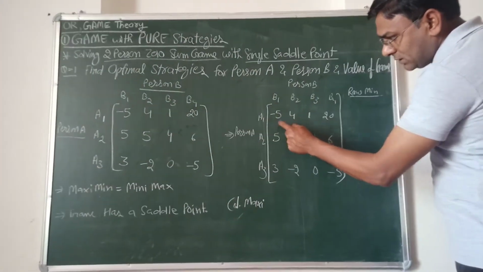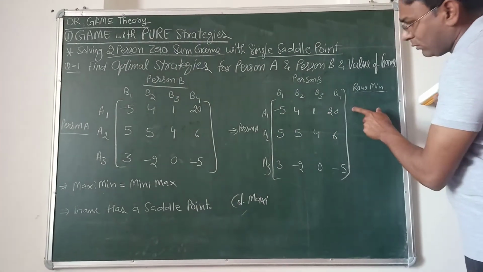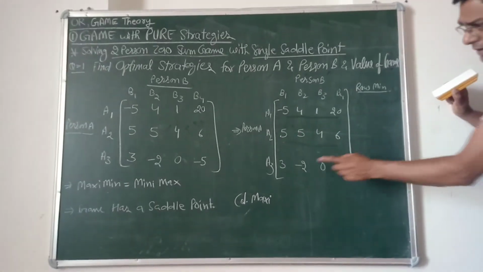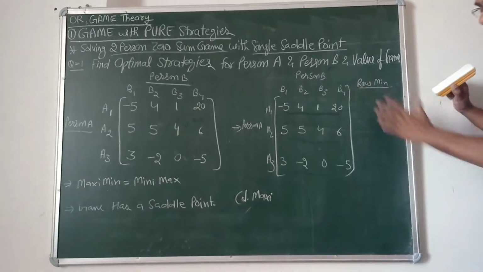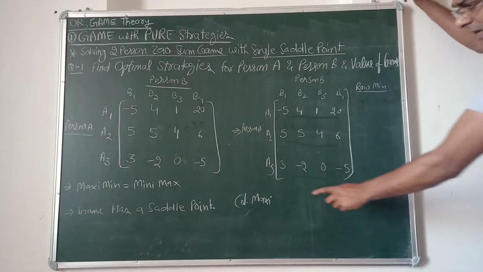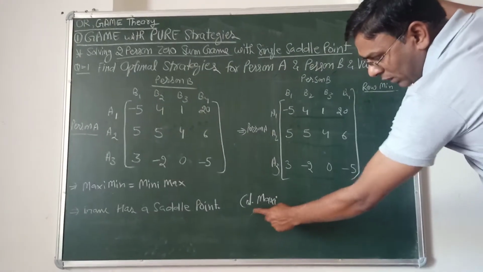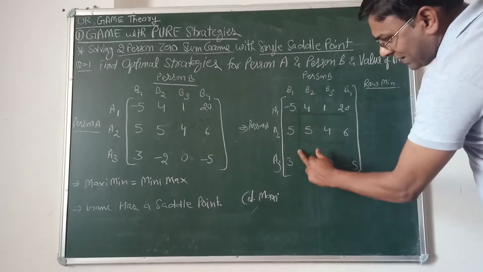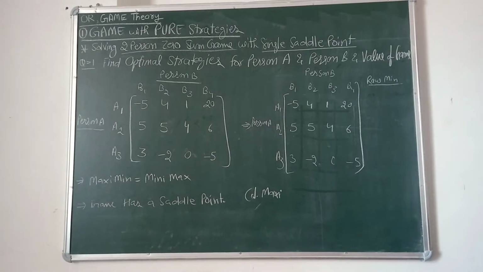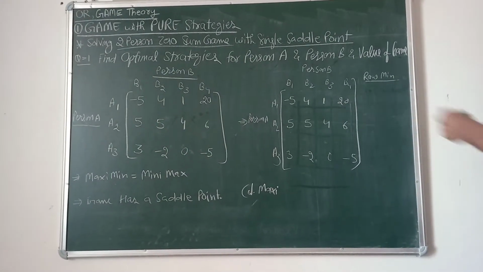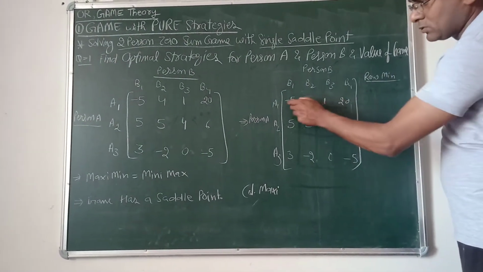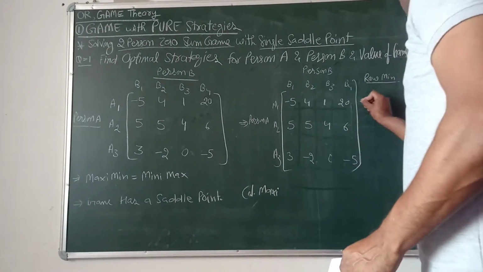Suppose we have rows 1, 2, 3, so we write down the minimum value of this row here, similarly the minimum value from this row here, and the minimum value from this one here. After that we do the same thing, but this time we take the column maximum values, meaning we choose the maximum value from this column, this column, this column and this column, and write them down. Starting from A1, we find the minimum value from the rows. This row has minus 5, 4, 1 and 20, so minus 5 is chosen as the minimum value.